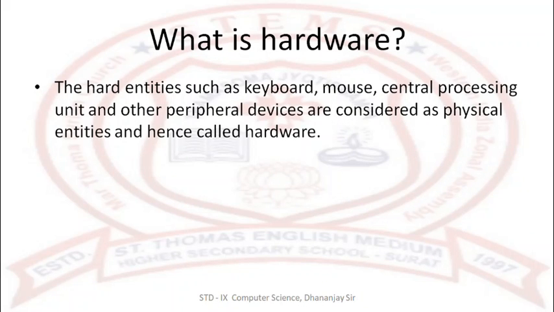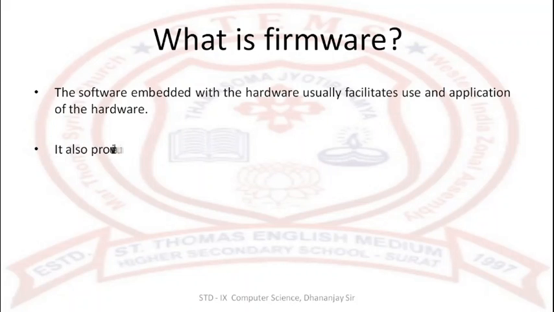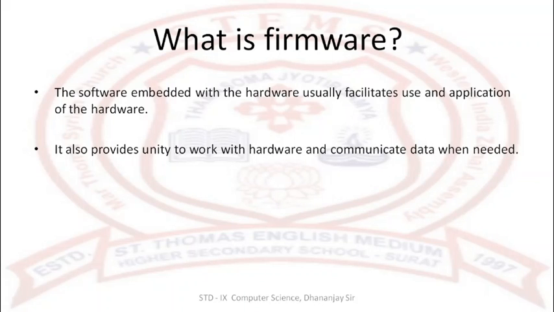What is hardware? Hardware is a physical component like keyboard, mouse, central processing unit, other peripheral devices, etc. What is firmware? Software embedded with the hardware that usually facilitates the use and applications of other hardware is called firmware.